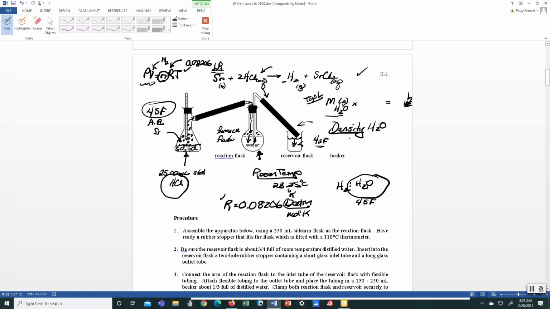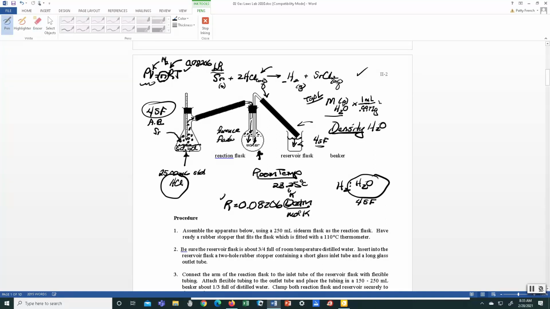So the temperature at which all of this happens, we're going to use that chart to find the density of water. So let's say it's 0.9972 grams per 1 milliliter. And then, of course, we're going to have to convert that to liters.